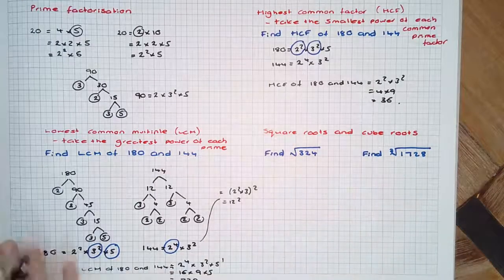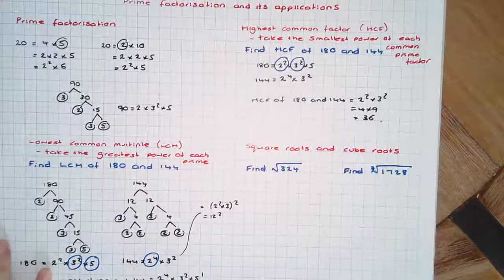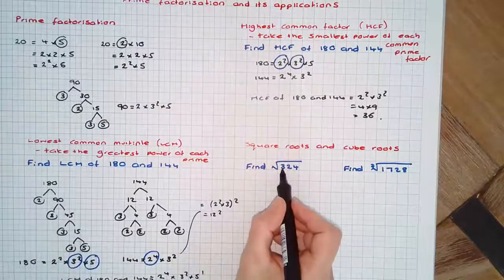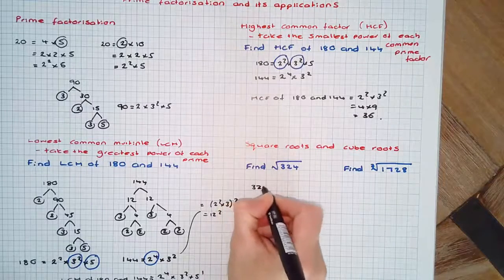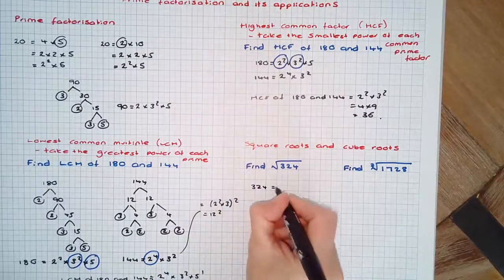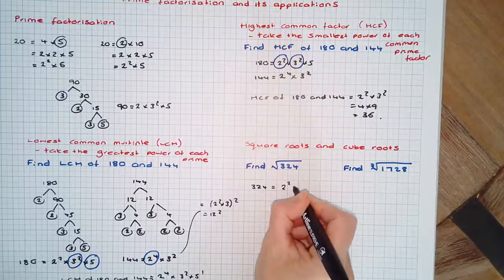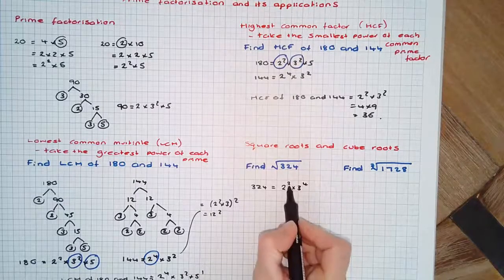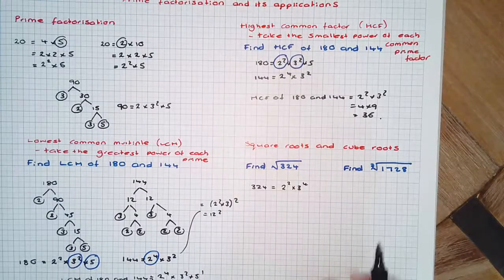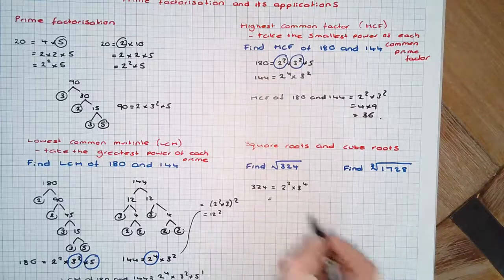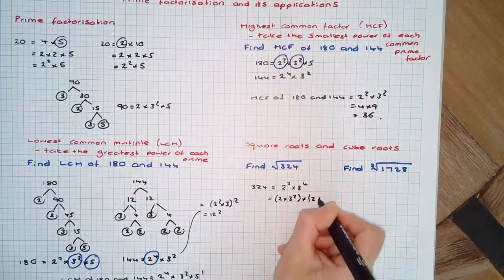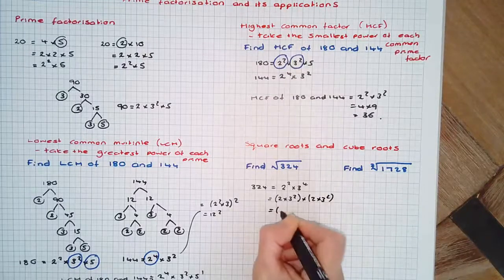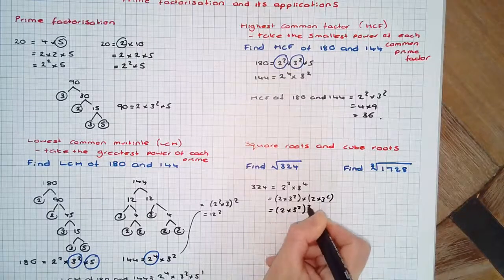Let's have a look at using this method to find the square root of 324. Now, 324, I worked out earlier, prime factors are 2 to the power of 2 times 3 to the power of 4. Both of these indices are even, so they can be written in two groups, that is 2 times 3 squared times 2 times 3 squared, or in other words, 2 times 3 squared all squared.